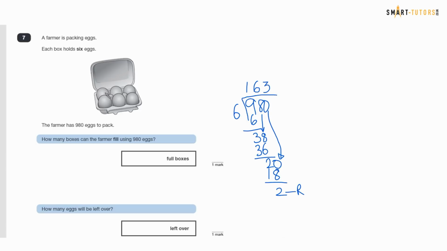So 163 and some of an egg. That means there are 163 full boxes. So how many eggs will be left over? There are 2 remainder because 20 minus 18 is 2. Well done. That is the answer for question number 7.